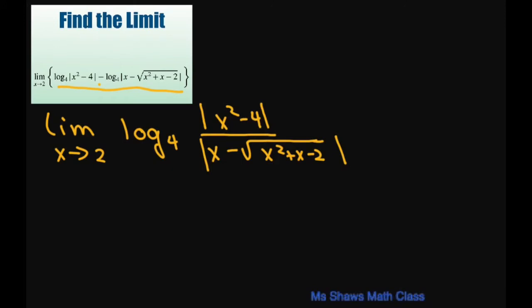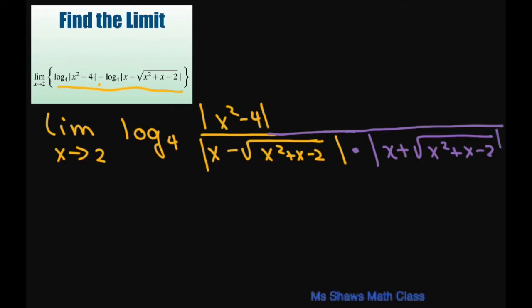So what I'm going to do here is multiply my denominator by the conjugate: absolute value of x plus square root of x squared plus x minus 2. That means I also have to multiply my numerator by the absolute value of x plus square root of x squared plus x minus 2.